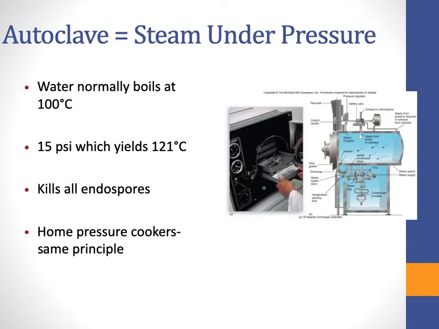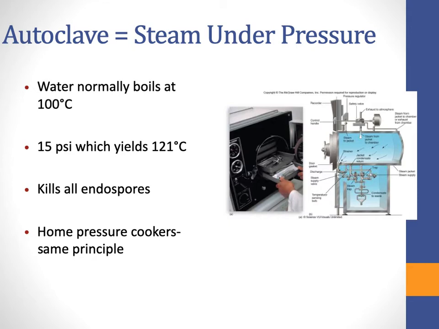Now the way to avoid these water molecules from evaporating away is by putting them into a closed system. And so this actually can create pressure, and that pressure allows you to get the water up to the temperature of 121 degrees Celsius.